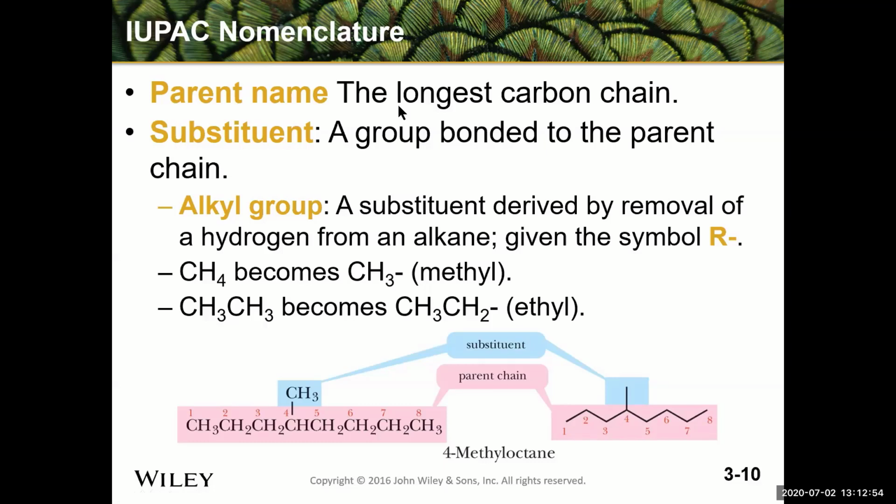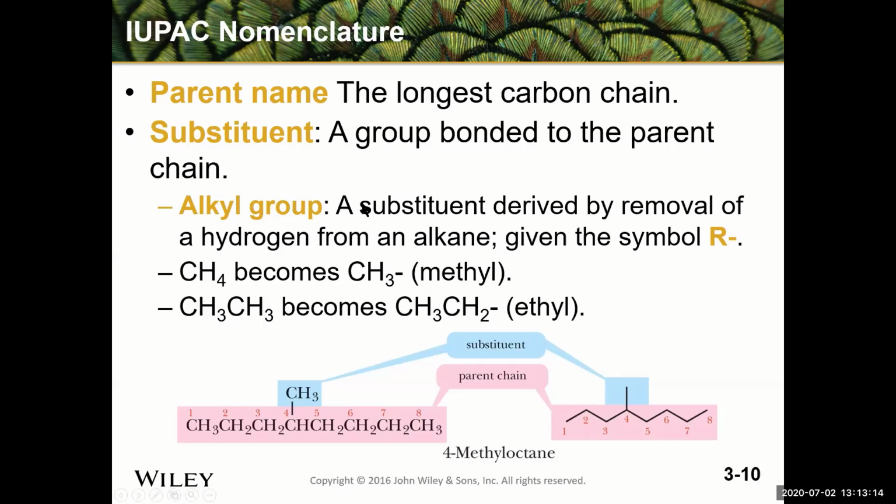So you're going to give it a parent name. What you do is find the longest carbon chain, and then you look for the branch substituents. And the branch substituents are known as alkyl groups, okay?